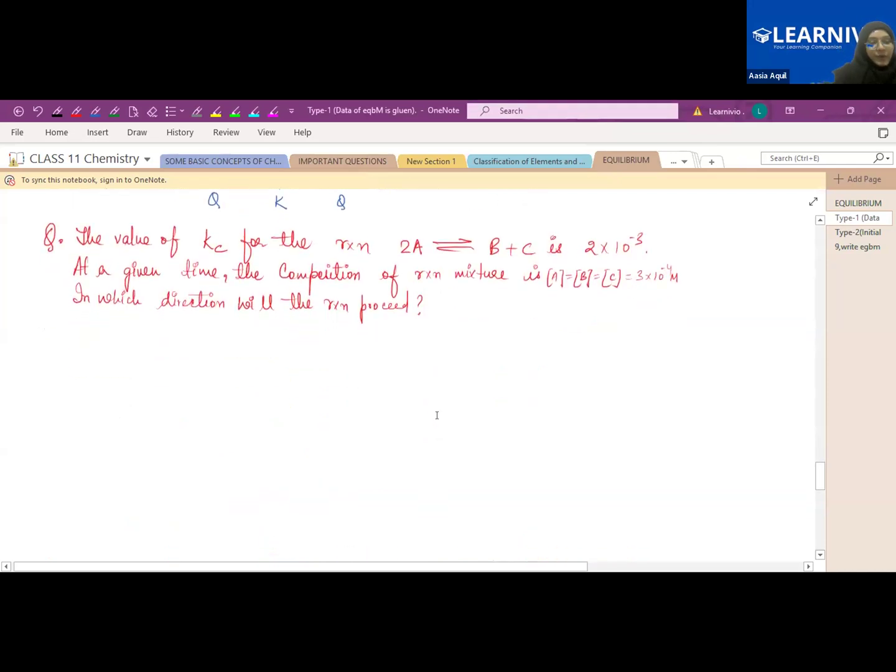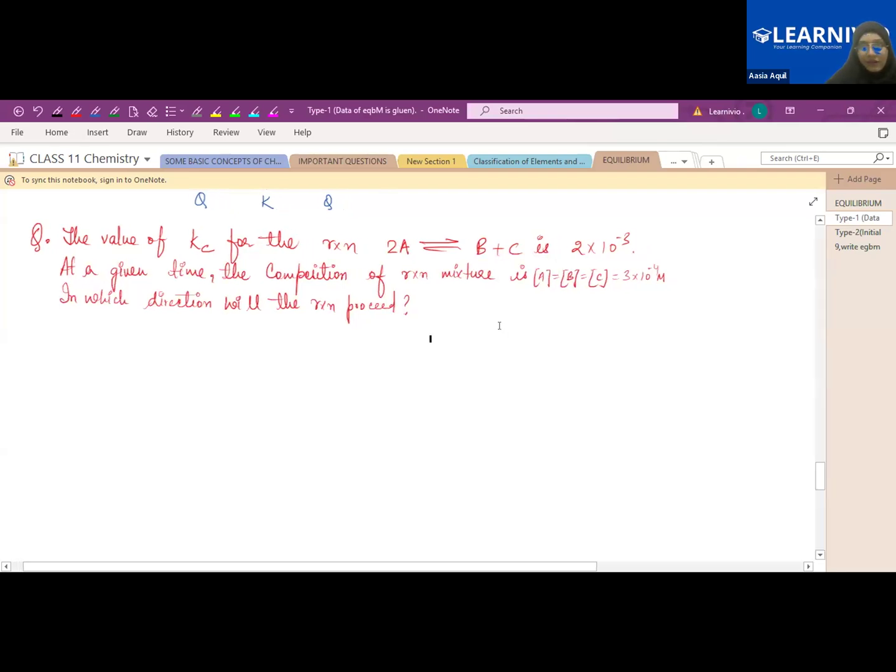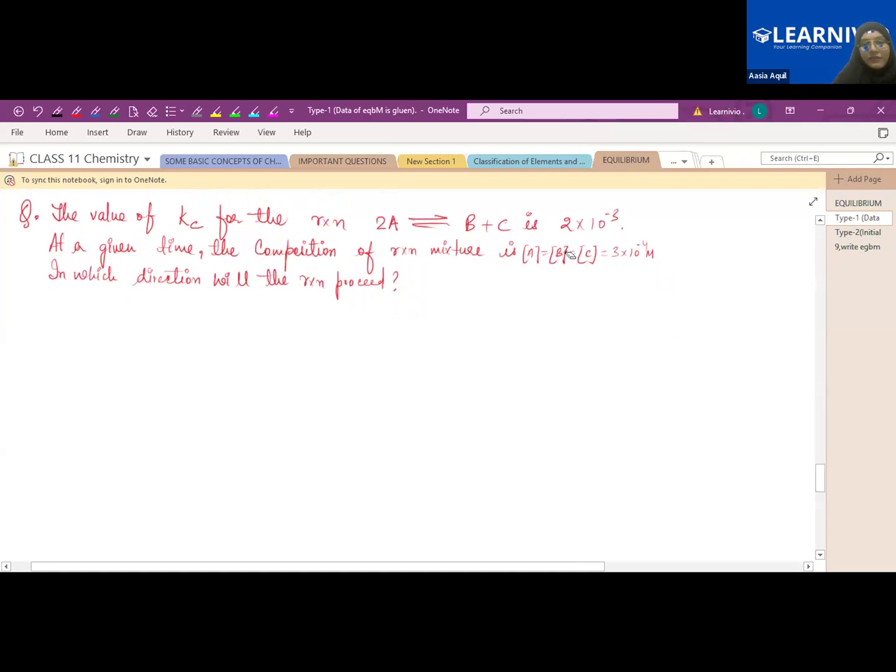Okay, now see the question. The question is: the value of Kc for the reaction 2A giving B plus C is 2 into 10 raised to the power minus 3. So the value of the equilibrium constant is given in the question.